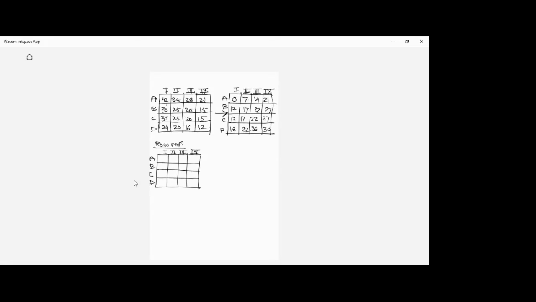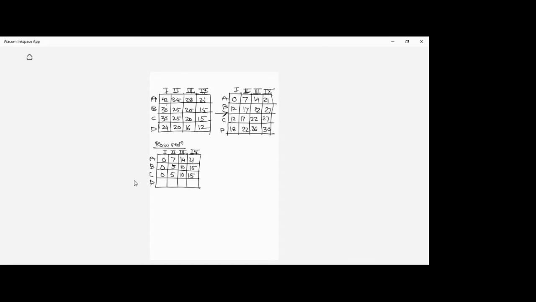So 0, 7, 14, and 21. Next, in row B, the minimum value is 12, so 12 minus 12 is 0, 17 minus 12 is 5, 22 minus 12 is 10, and 27 minus 12 is 15. Next, the same values will get repeated again, right?